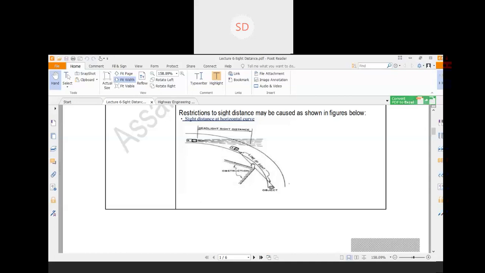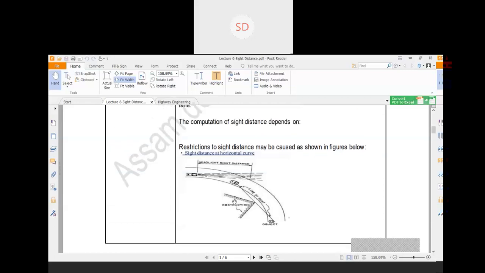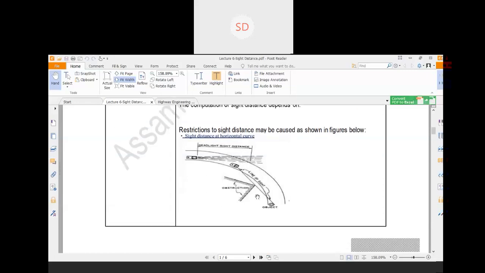We'll discuss this later on. So in the horizontal curve, this obstruction may restrict the sight distance.